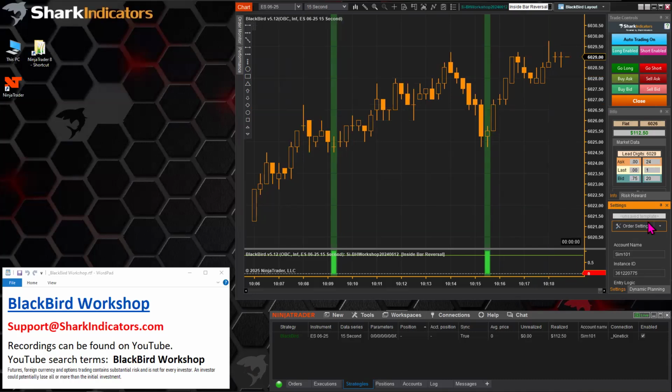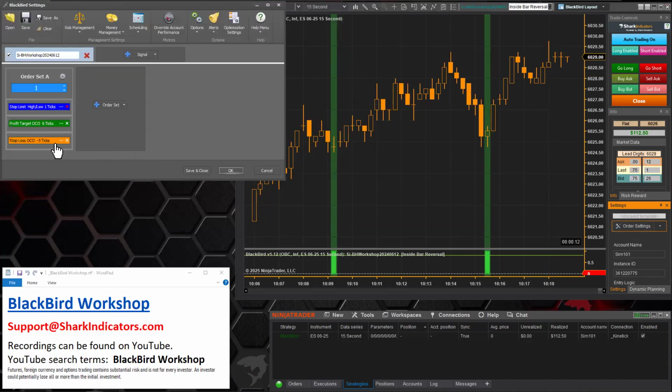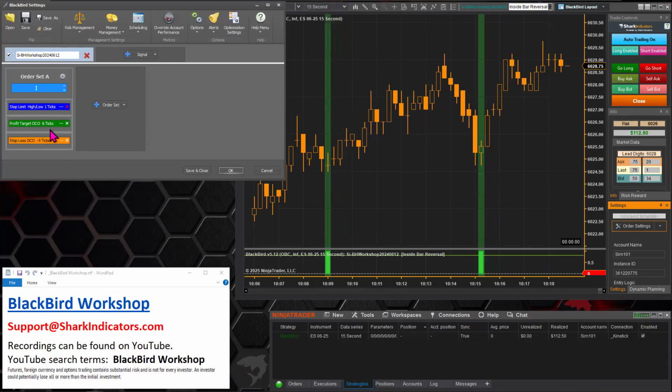So you can go in there and change your orders around in real time, and then when the next Bloodhound signal comes in, or if you're just trading discretionarily, then you can go in and adjust your exit orders. And if you're trading discretionarily, or if you're using the dynamic planner, it's going to use the new settings here.